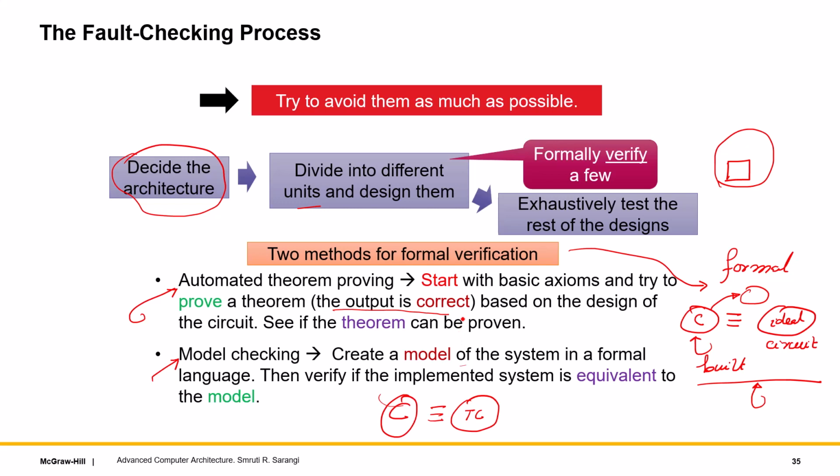And in the other case, I take the circuit and I create a model for it using a dedicated model checking language like SPIN or something. Then I prove that this model will not take me to what is called an unreachable state or something which is deliberately incorrect. It will always be similar in its operation to an ideal circuit, right? That is basically what I prove.